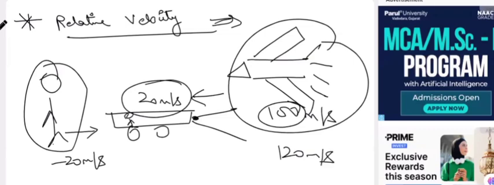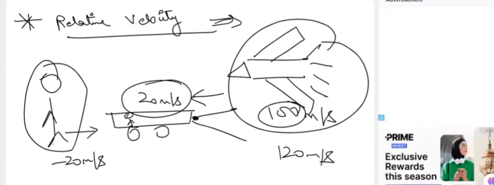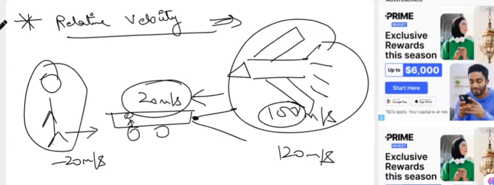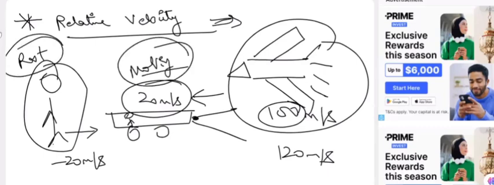Correct or not? So this is the rest position, and this is the moving position. Check how much difference there is when you consider the reference frame differently. Understood or not? So this was a small intro about it, Akshita.